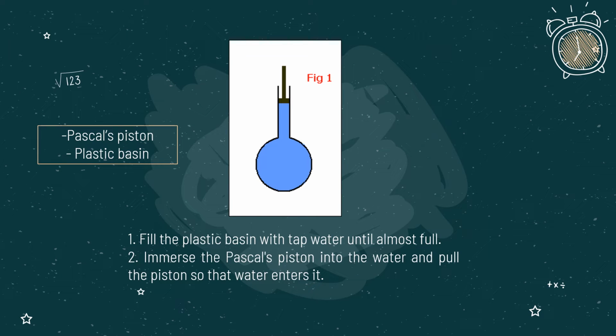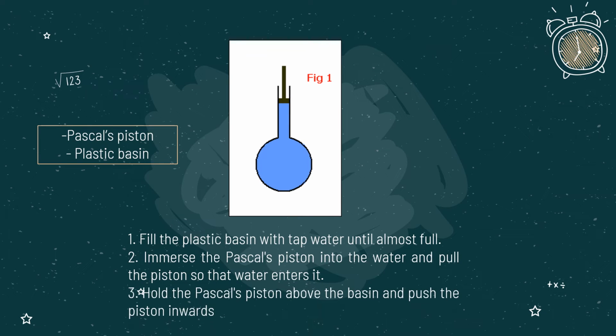Then, immerse the Pascal piston into the water and pull the piston so that water enters it. Next, hold the Pascal piston above the basin and push the piston inwards.